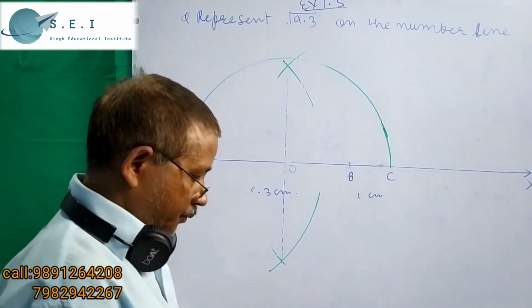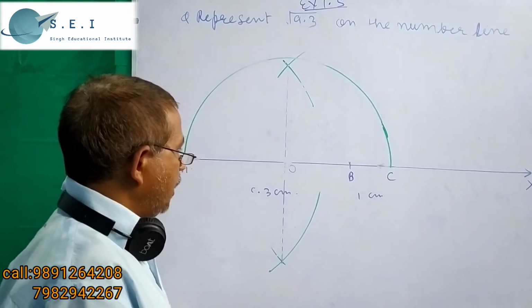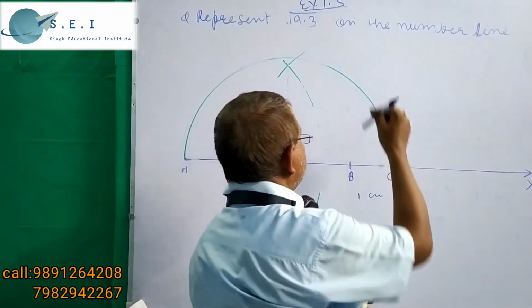Take point B and draw a perpendicular line on B intersecting the semicircle.